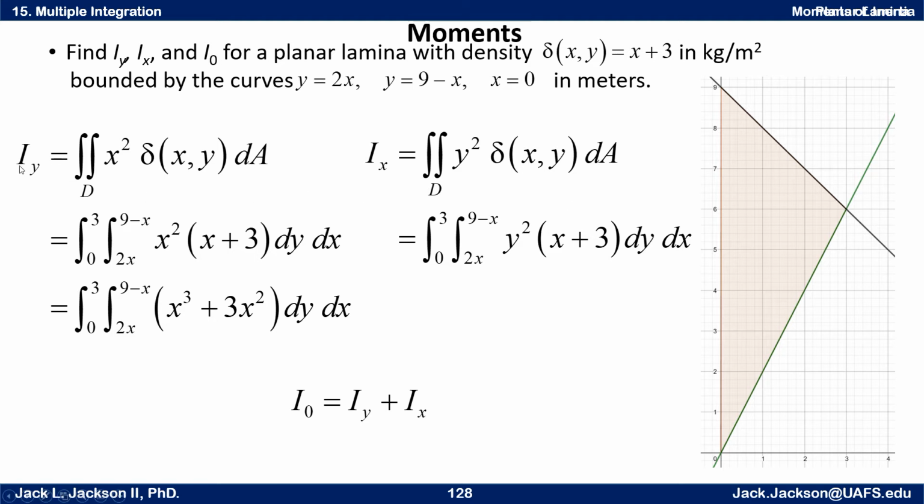Then the moment of inertia about the y-axis would be x squared times that rho, or delta. So that's x squared times x plus 3, and we integrate with respect to y first from 2x to 9 minus x, and then with respect to x last, from 0 to 3. I went ahead and distributed here.